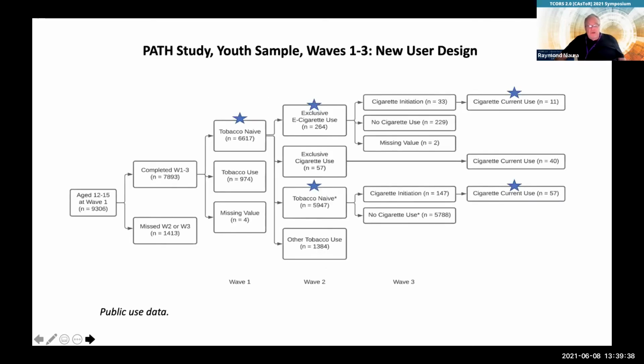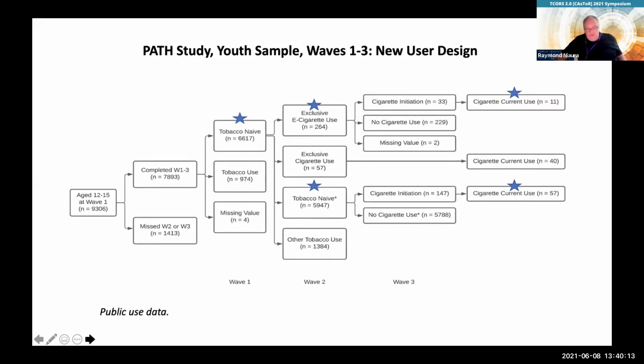This slide shows you the design of the analysis in which we selected tobacco-naive youth at wave 1, the first blue star, and then classified them as exclusive e-cigarette users at wave 2, the next 2 stars to the right of the first blue star, and then looked at past 30-day cigarette smoking outcomes at wave 3, the last 2 blue stars on the right.